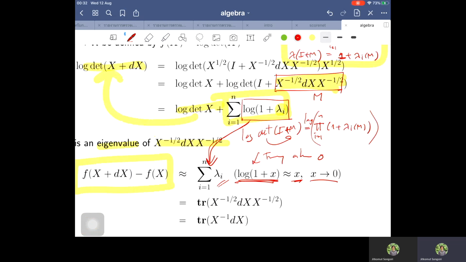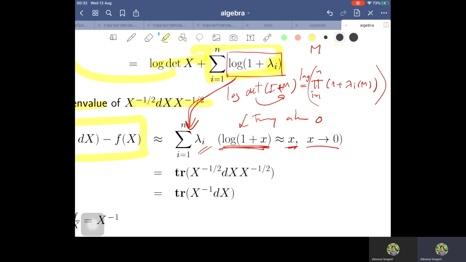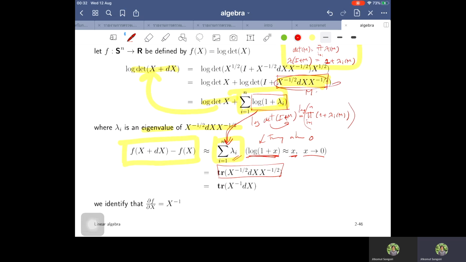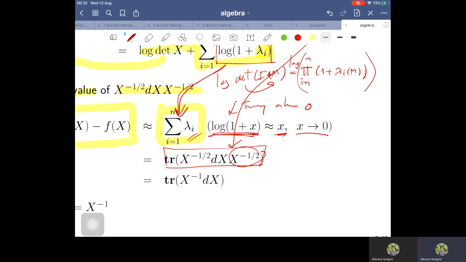In this step, the summation of lambda i is, by the trace property, the trace of that matrix. Now you use the circular property, so you can move x^(-1/2) to the front. So it becomes trace of x inverse dx.